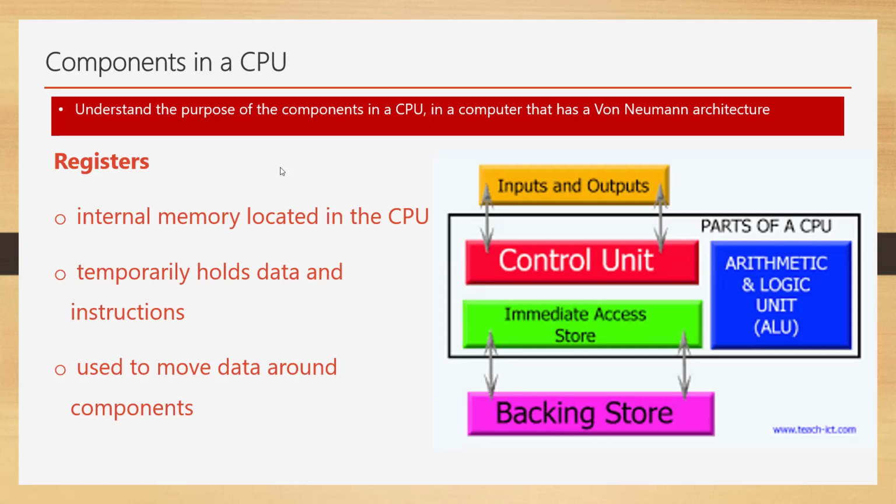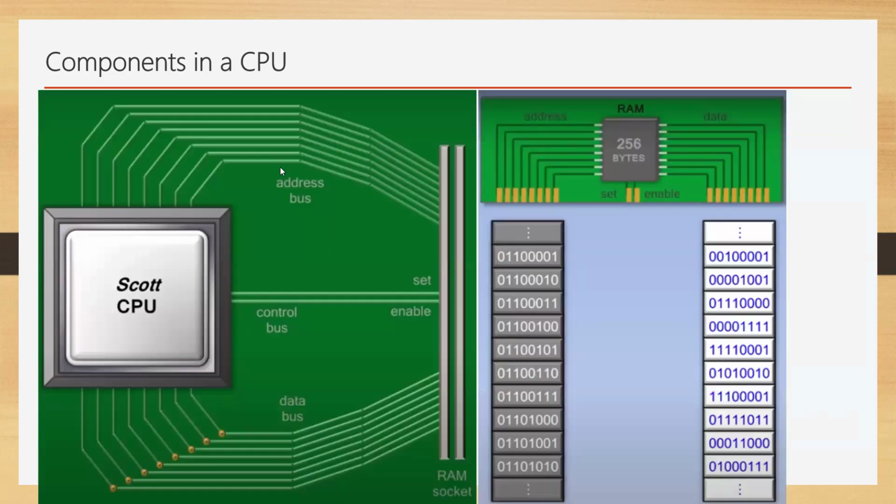First of all, they are internal memory located in the central processing unit. They are a part of your CPU. They hold the data and instructions, and they are used to move the data around the components of the computer system. Around the components means that if you want your data to be moved around RAM, ROM, hard disk drive, solid state drive, how this process is completed is with the help of your registers.